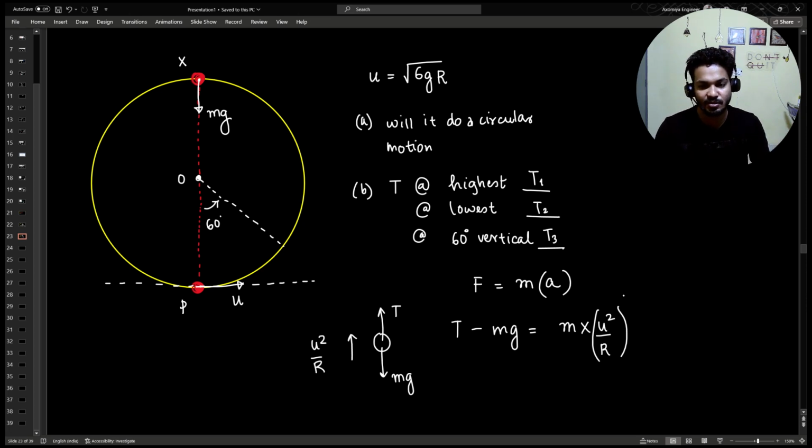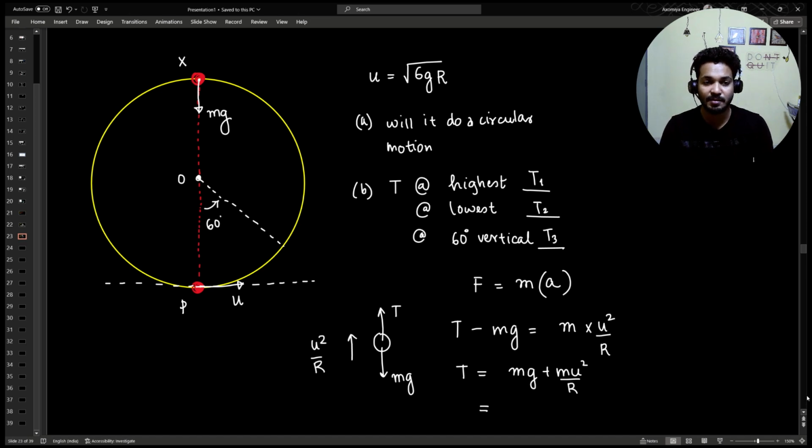So T minus mg is equal to mu square by r, and you have to understand the significance of that. So T becomes equal to what? mg plus mu square by r, which is absolutely correct. Trisha I think started with this only, sir, T equals mg plus mu square by r, but you gotta understand here that mu square by r is not a force. Well, at least from the ground frame of reference, it's not a force. It's mass times acceleration.